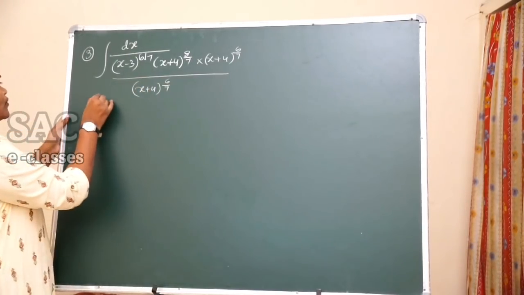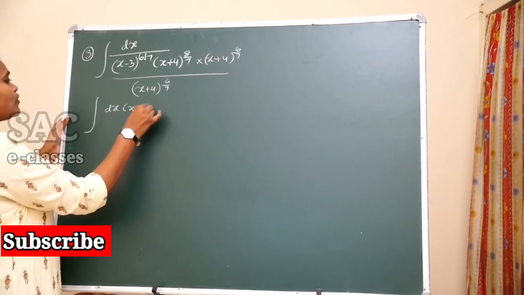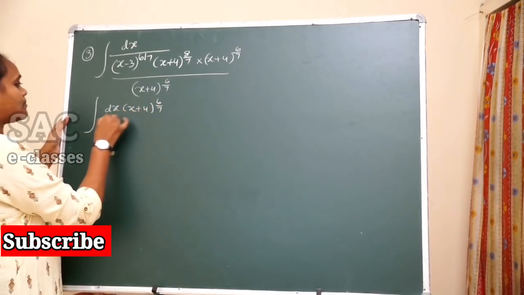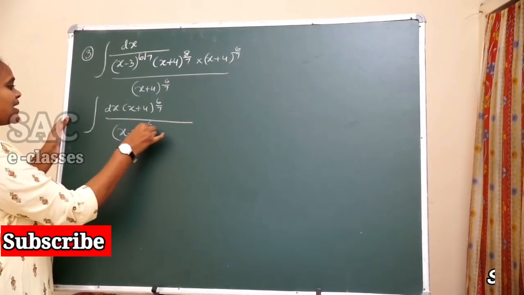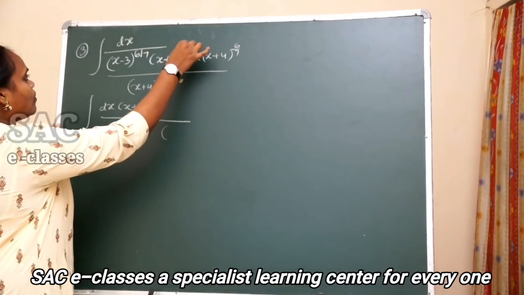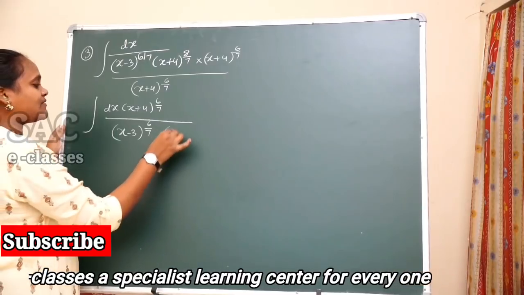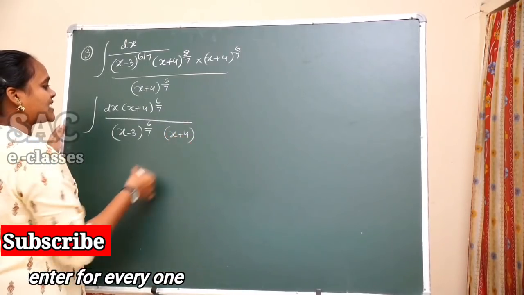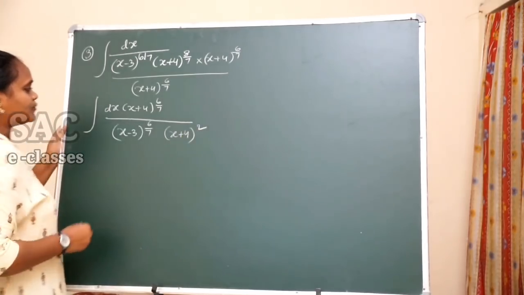And you know very well, dx into (x plus 4) whole power 6 by 7 by (x minus 3) whole power 6 by 7. Now clearly, (x plus 4) whole power 8 by 7 and 6 by 7 together make 14 by 7, so can I write it as (x plus 4) whole power 14 by 7, which is 2.